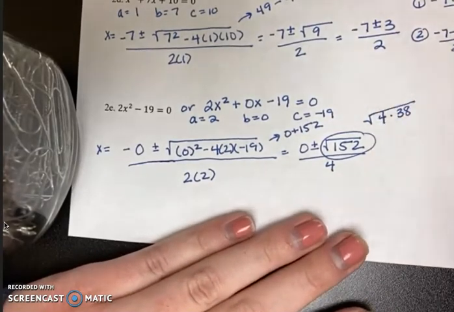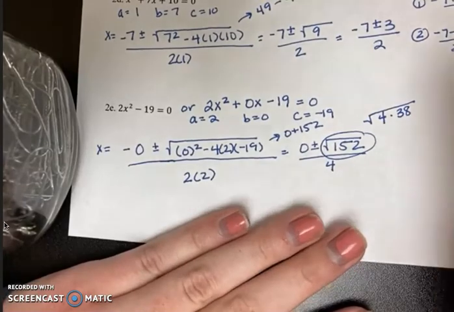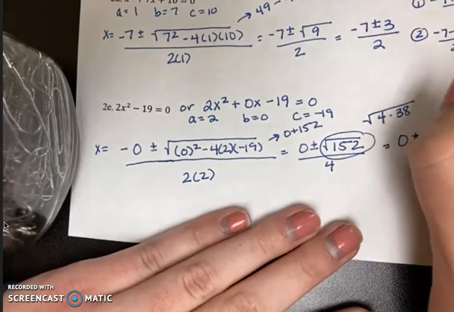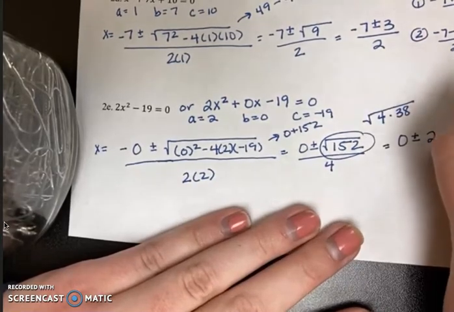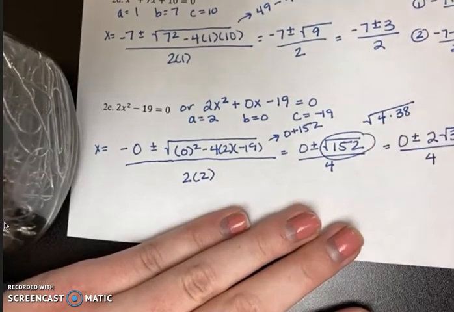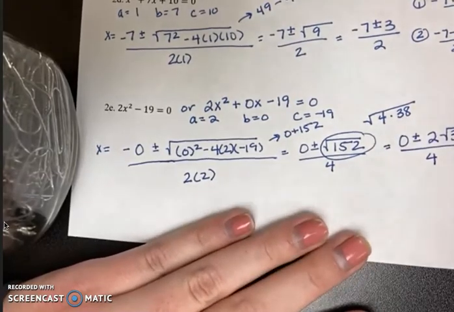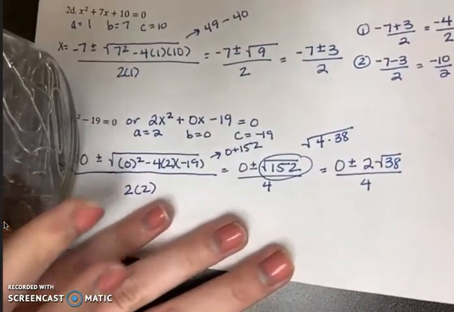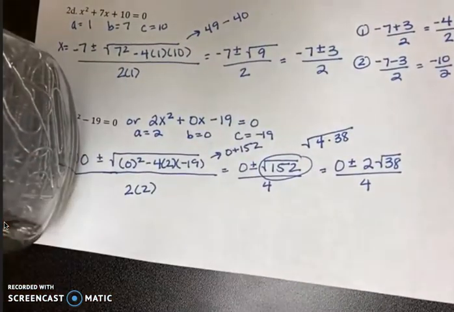So the square root of 4 times the square root of 38. And that would become 0 plus or minus the square root of 4 is 2, square root of 38, all over 4. You could check and see if 38 simplifies any further, but it's not divisible by any perfect squares other than 1. So it is simplified at this point.